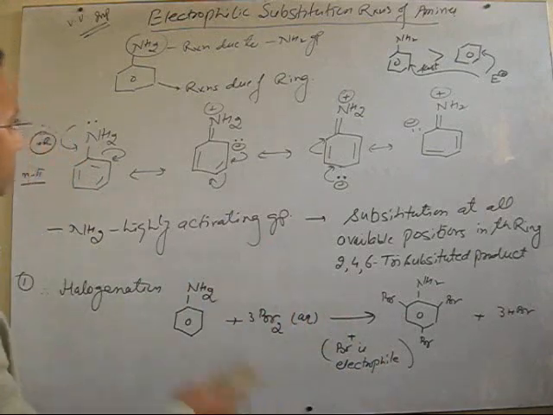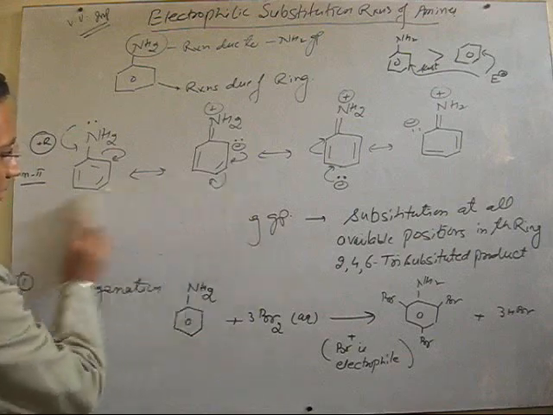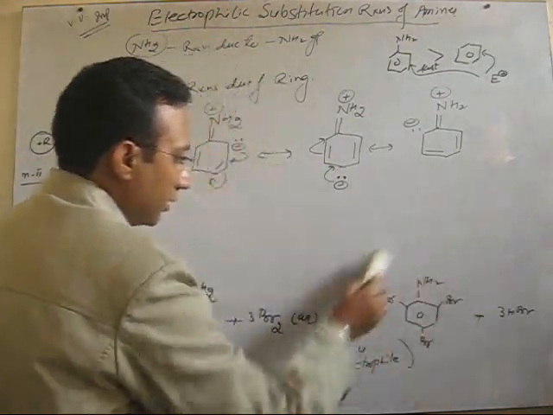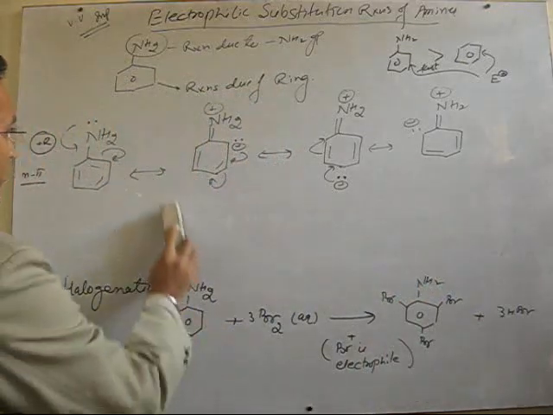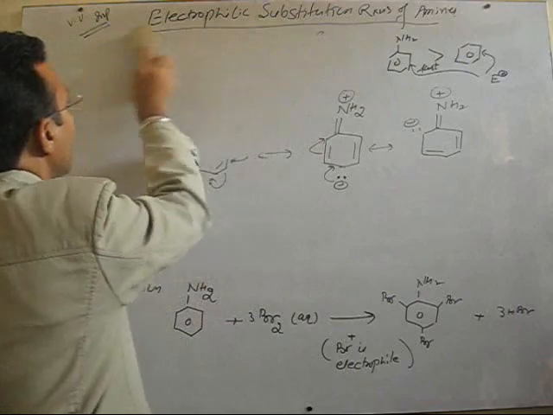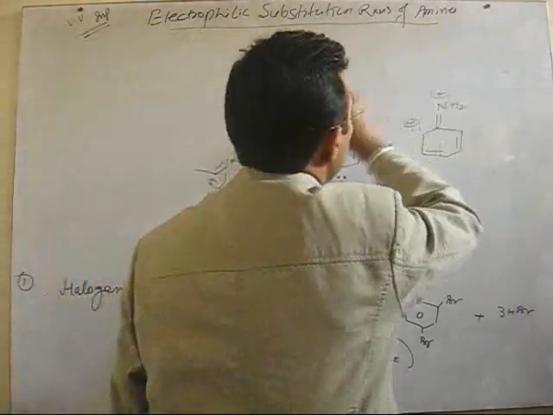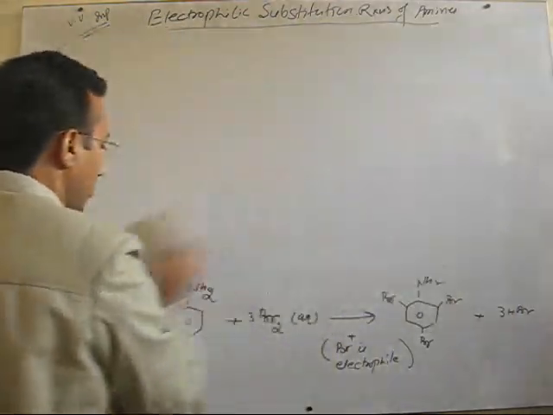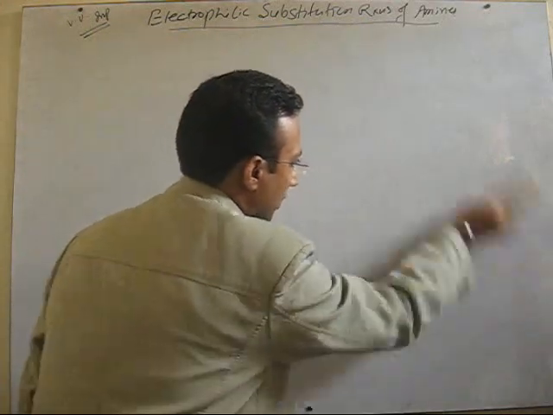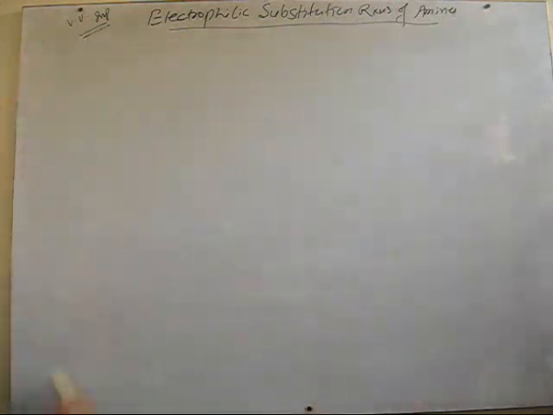Now, sometimes we do not require such tri-substituted products. Sometimes we require mono-substituted products. So what to do in that case? Let's see, if we want some mono-substituted products, then what extra step has to be taken?